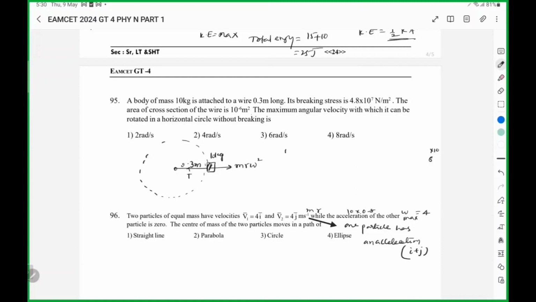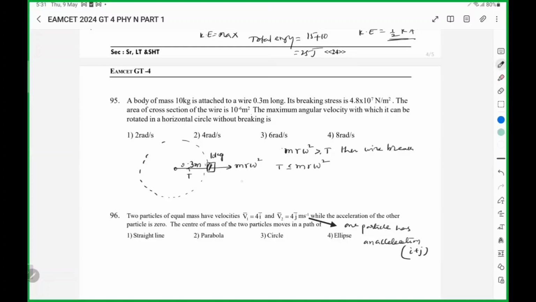If centrifugal force exceeds tension, then the wire breaks. So the maximum tension it can bear is this.